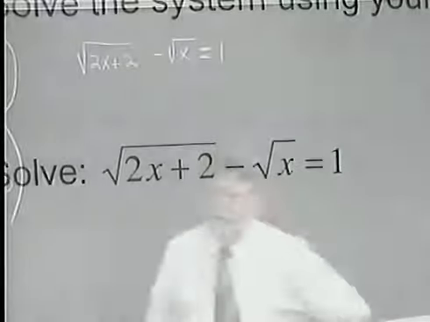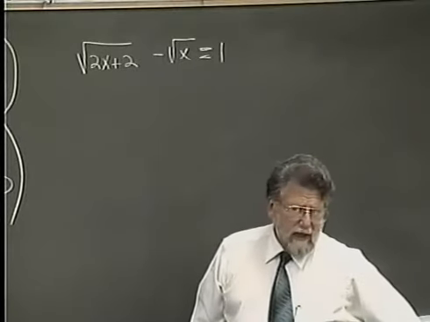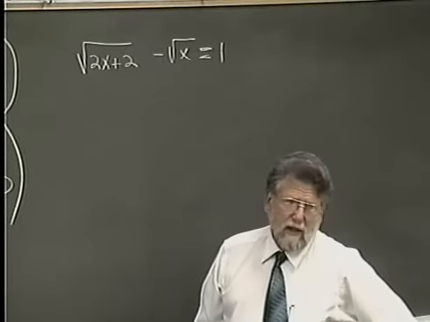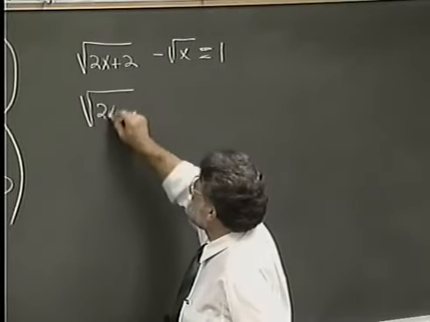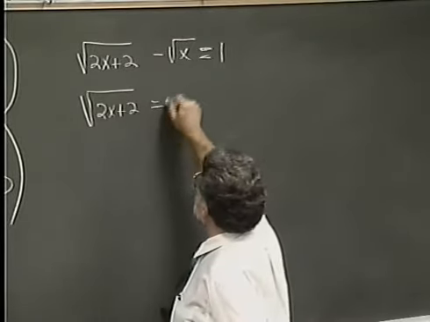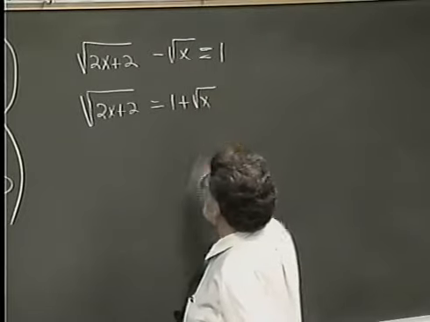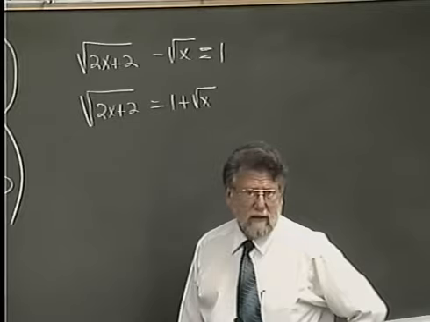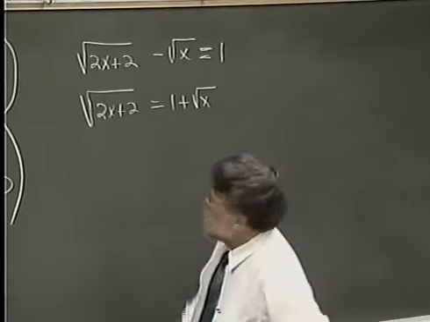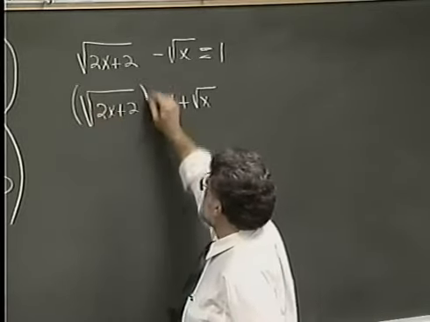Now, first step is to do what as we come to the board? Isolate one of the radicals. I'll just take the first one and isolate it. The other one then goes on the right side, and I have 1 plus the square root of x. Then what must I do? Square both sides.